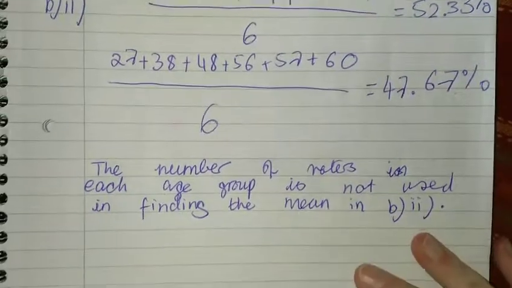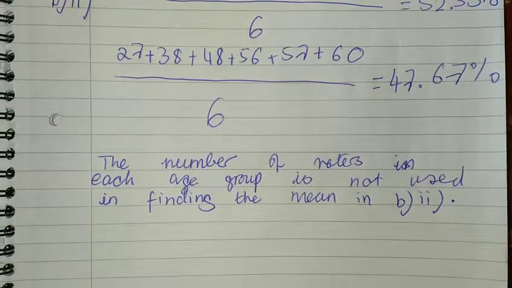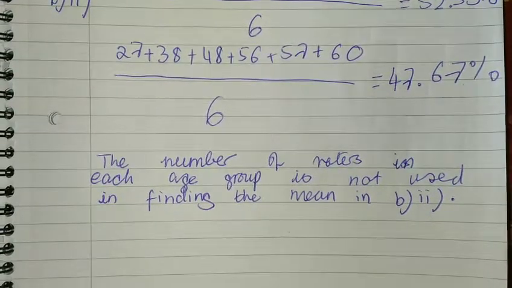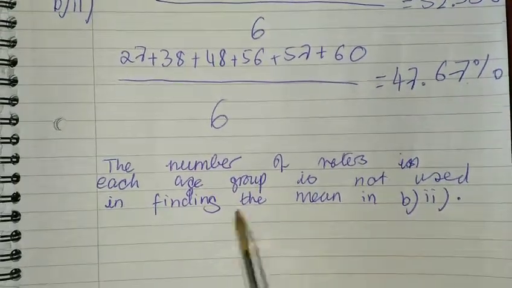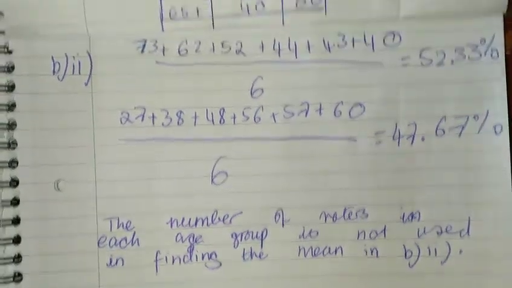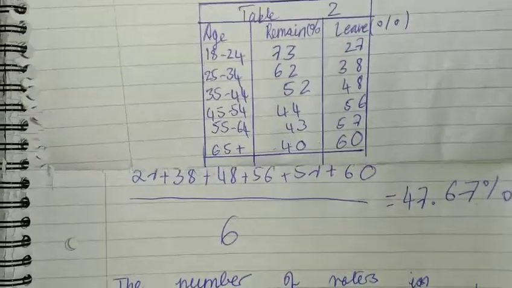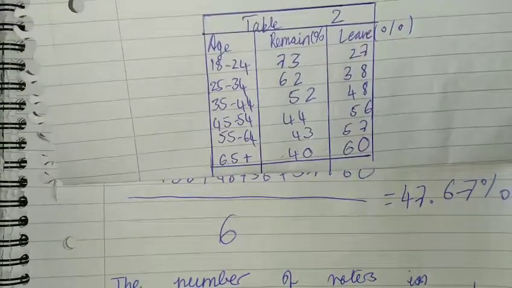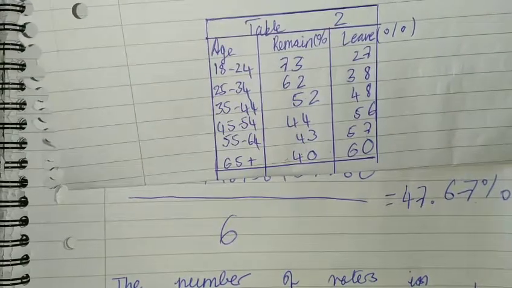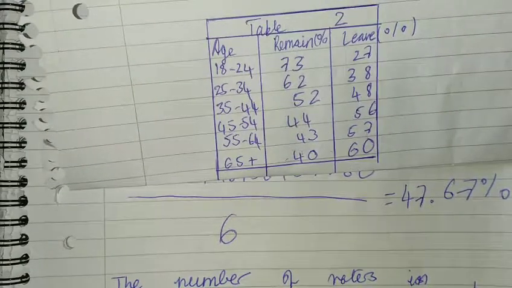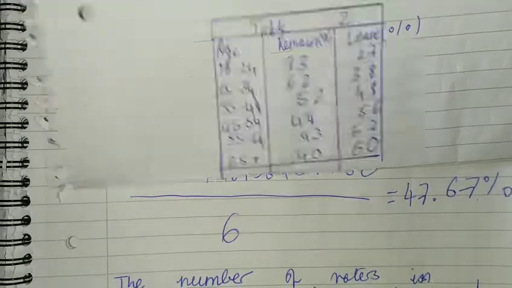The mean is based on the percentage data of voters in each age group. So it's not based on the size of the group, so it's not used in finding the mean. So it's not reliable.